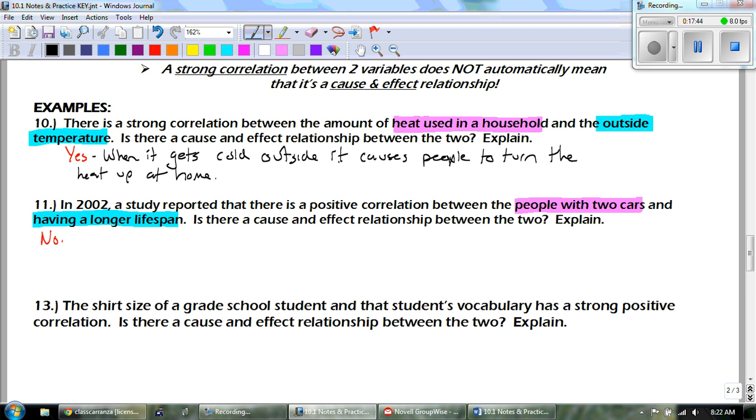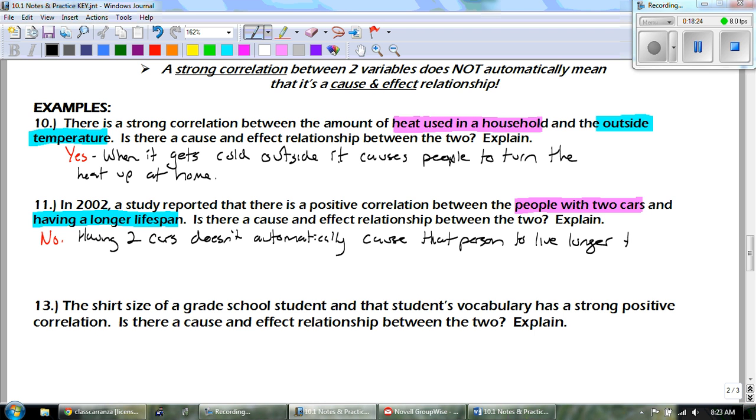So that's what I'm going to write down: having two cars doesn't automatically cause that person to live longer than someone who doesn't have two cars.